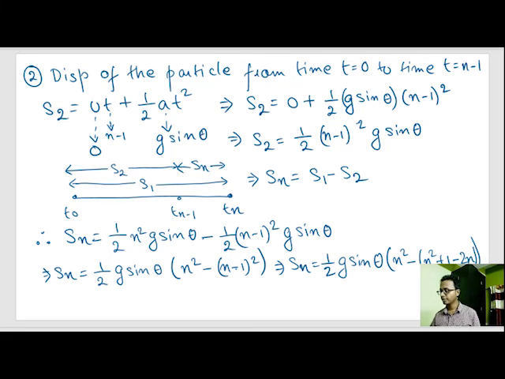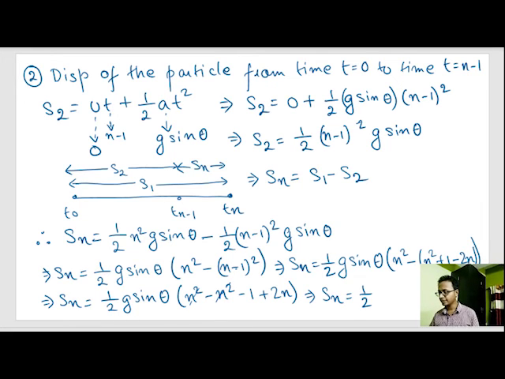Now see this, Sn becomes half g sin theta, n square minus n square minus 1 plus 2n. This n square minus n square becomes 0, so Sn is equal to half g sin theta into 2n minus 1. Okay, this is our formula for Sn.